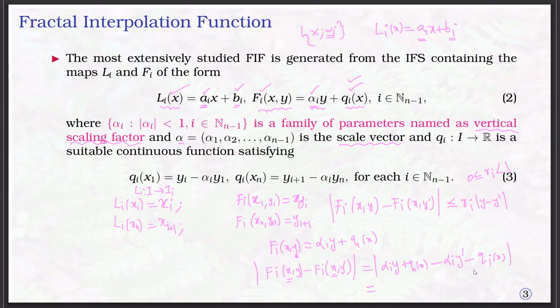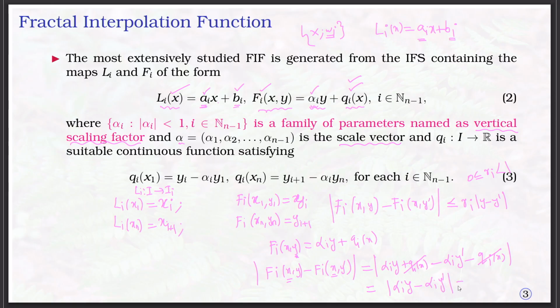Now, this one we get: alpha i y plus qi x minus alpha i y dash minus qi of x. Now, this qi x will cancel, then we have alpha i y minus alpha i y dash.